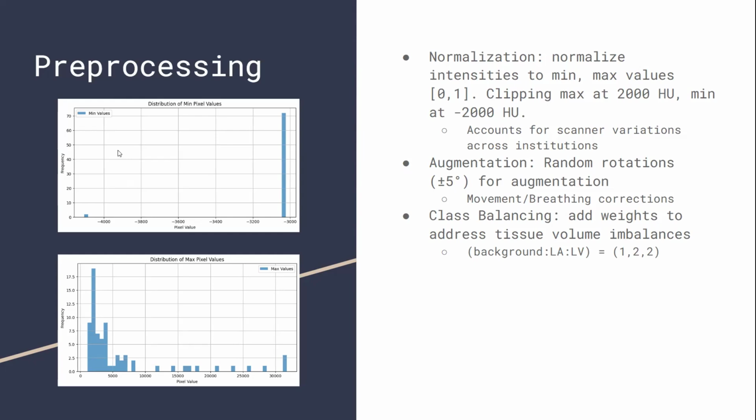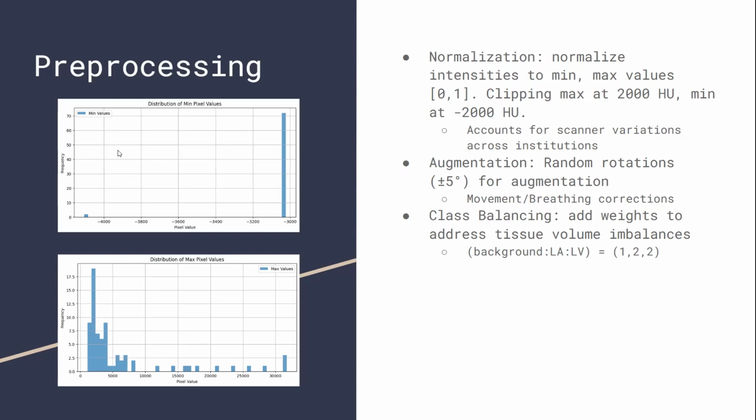We did this to account for scanner variations across institutions as well as across different images. And for specific augmentation, we chose to account for breathing corrections and movement during the CT scans.